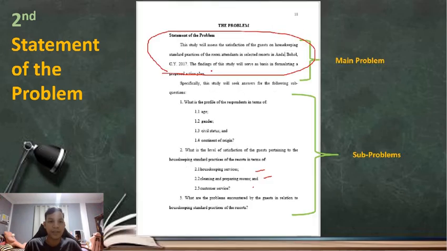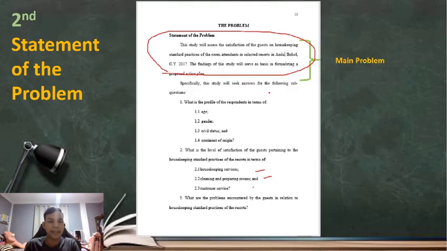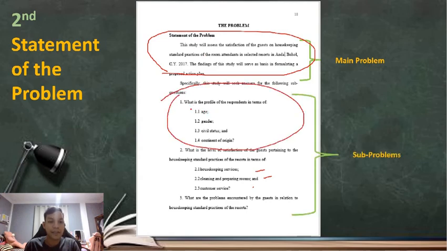So as you can see, this is the statement of the problem. And the third part, which is also important as what I have discussed earlier, is the questionnaire. So your SOP and the questionnaire must be aligned. For example, your sub-problem number 1, again, is the profile of the respondents.